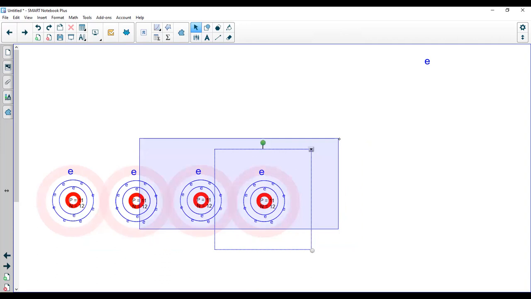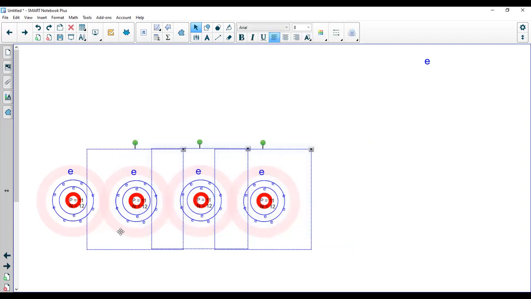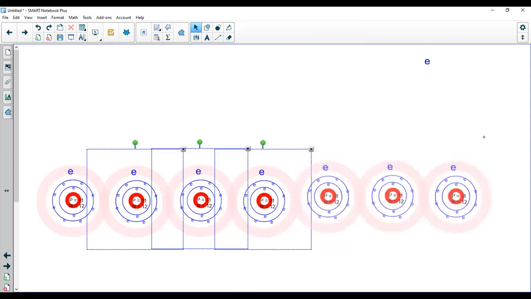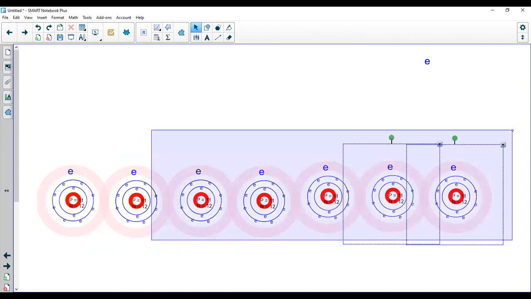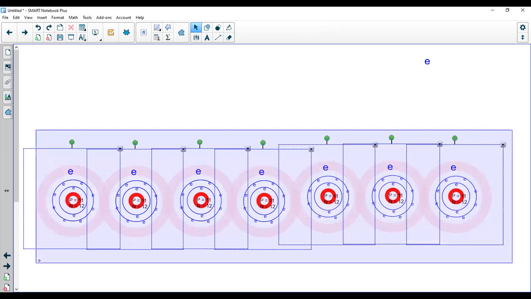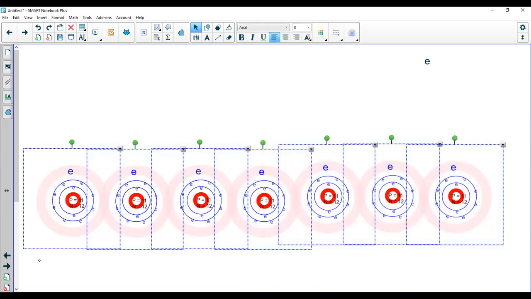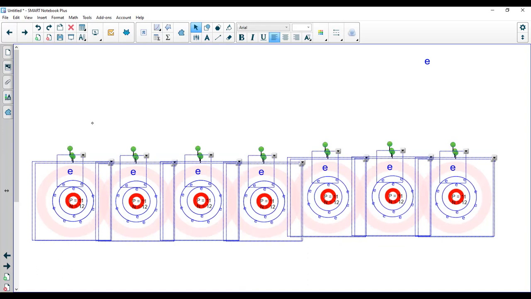So what's happening? Look at the highlighted orbit. Isn't it overlapping? Yeah. So this is what makes this 11th electron a free electron. How is this one a free electron?